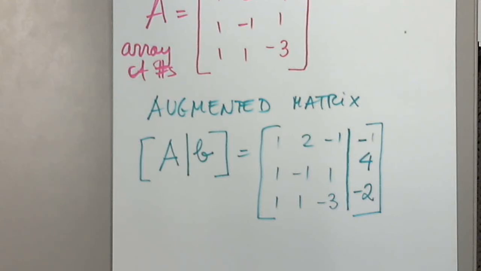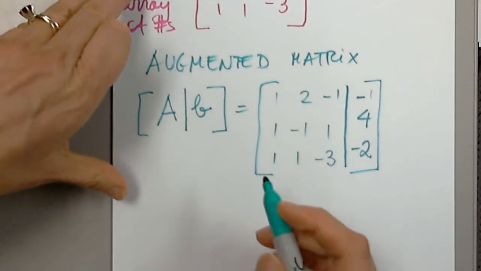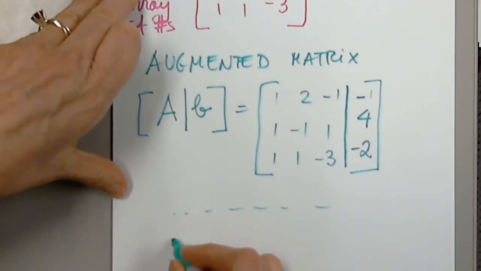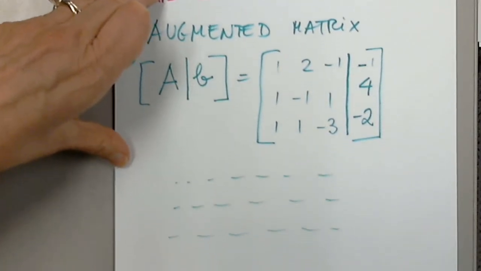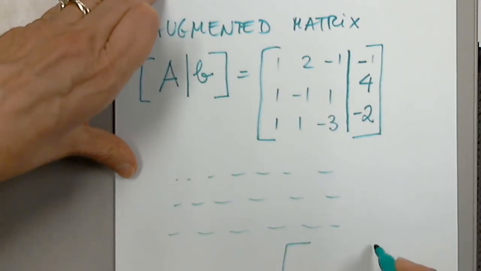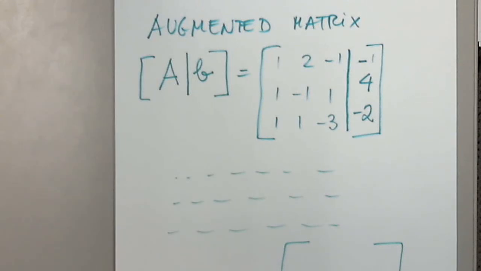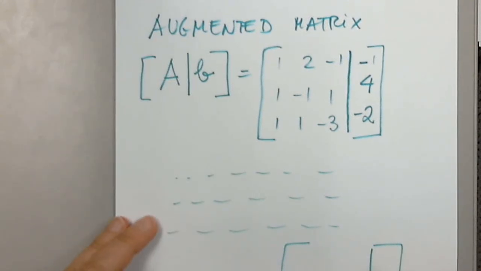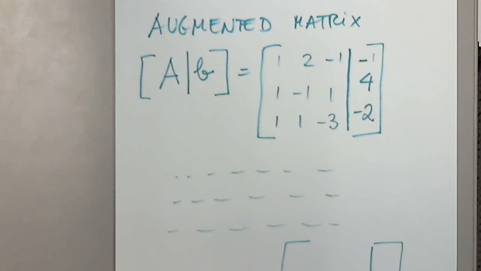So now, how do I solve the system? What is the idea? So here's the idea. We will go through different steps. I'll explain the steps in a moment. And at the very end, when I can say I solved the system, I have to show you something like this.